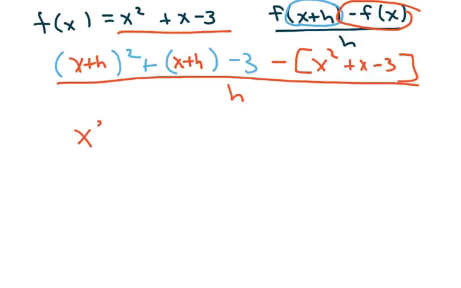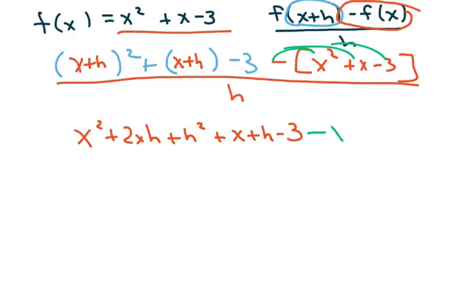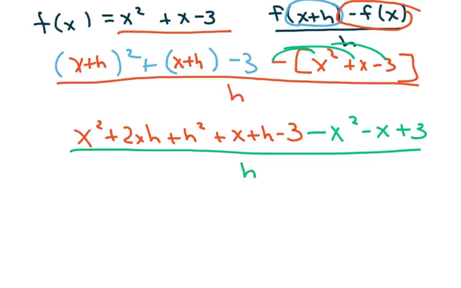So we get x squared plus 2xh plus h squared plus x plus h minus 3, and distribute the negative here. So just negate everything. All over h, and cancel things out. And as usual, we're left with just h's on this one.